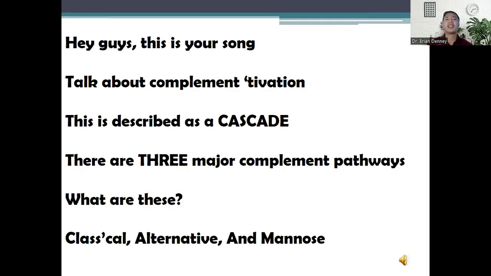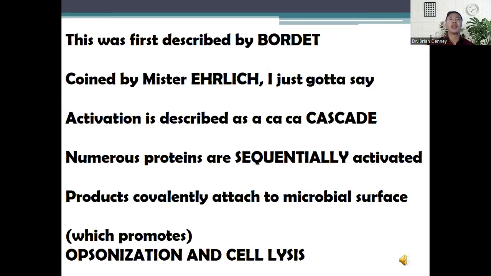Hey guys, this is your song. Talk about complement activation. This is described as a cascade. There are three major complement pathways. What are these? Classical, alternative, and lectin. This was first described by Bordet, coined by Mr. Ehrlich, just gotta say. Activation is described as a cascade. Numerous proteins are sequentially activated. Products covalently attached to microbial surface, which promotes opsonization and cell lysis.